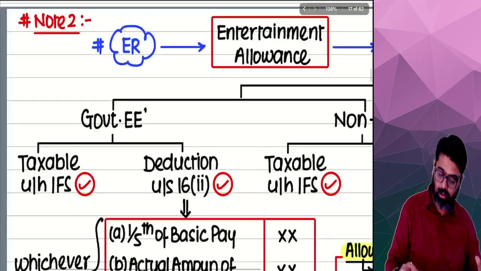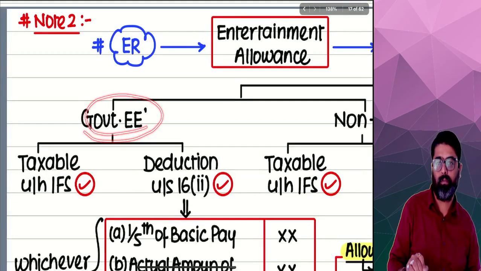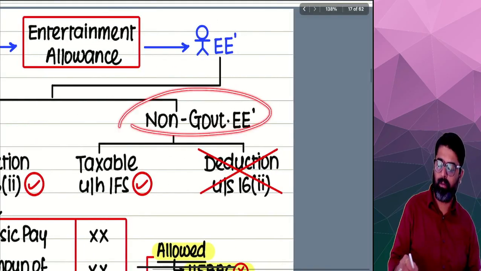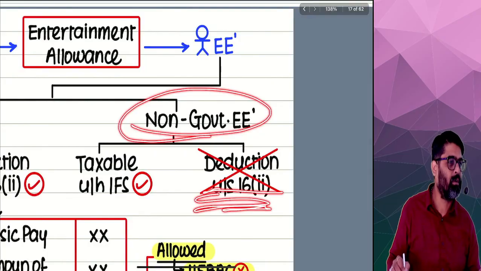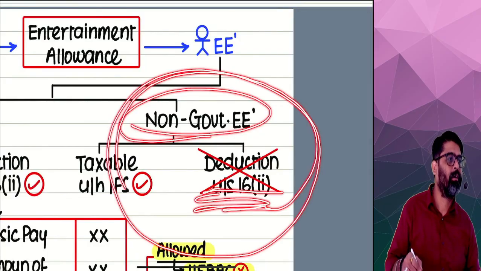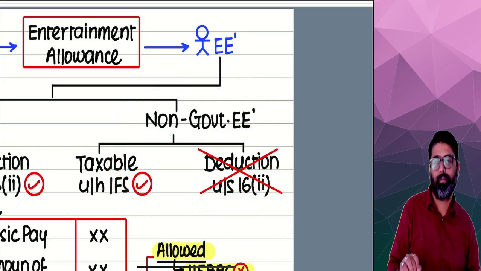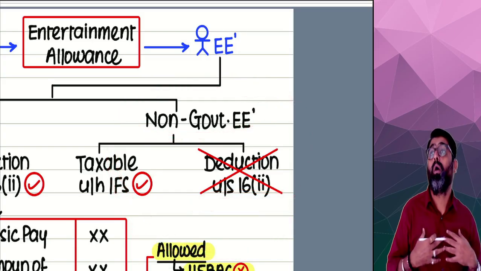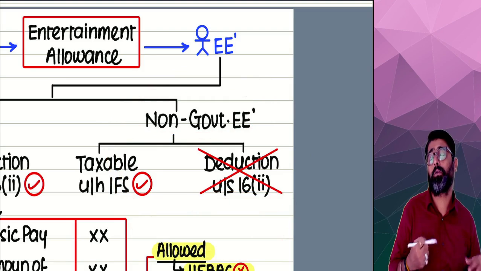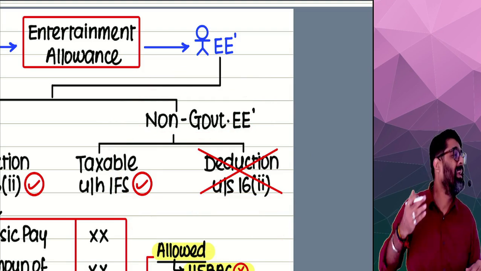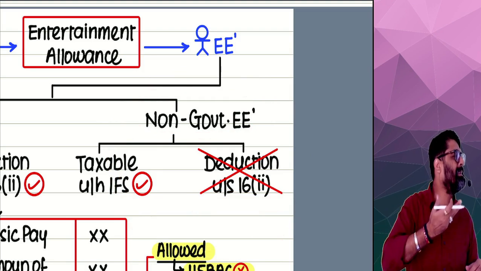And that too only if you are a government employee. So even if non-government employees are not going to get this deduction, they should not feel bad. Why? "Oh, government employees are getting the deduction, we are not getting the deduction."